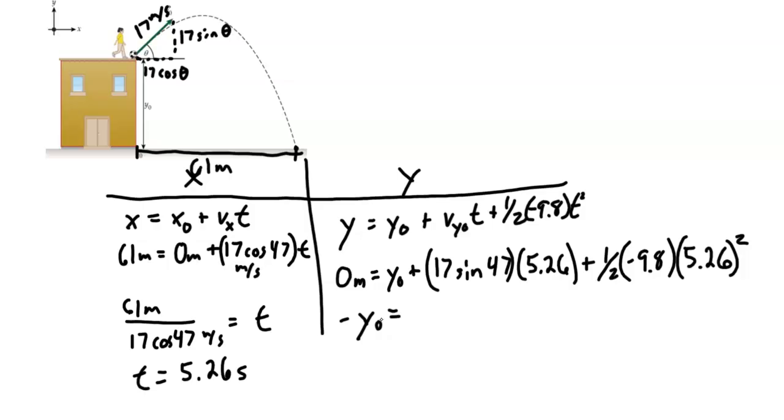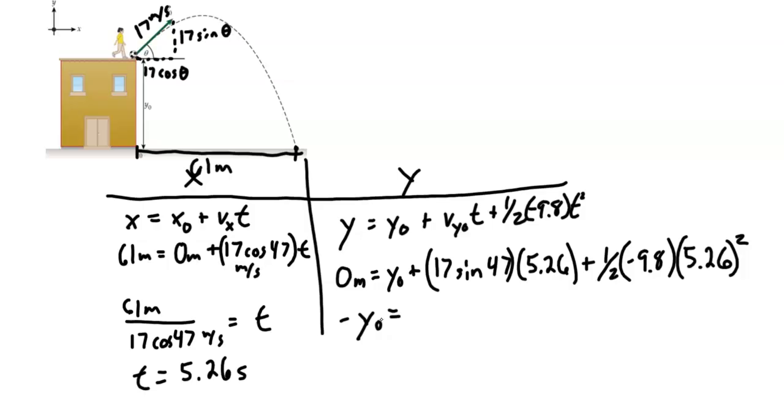Let's see, 17 sine of 47 times 5.26. By the way, if you have crazy numbers come out, check your calculator, make sure it's not in radian mode. You need to be in degree mode here. Then 0.5 times 9.8 times 5.26 squared.